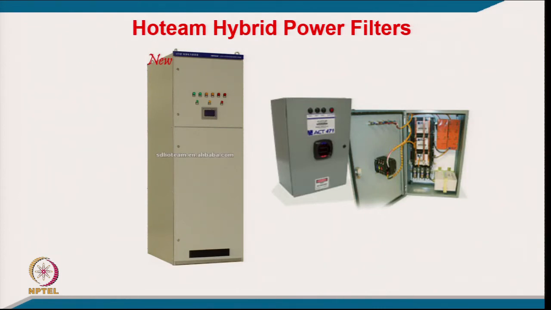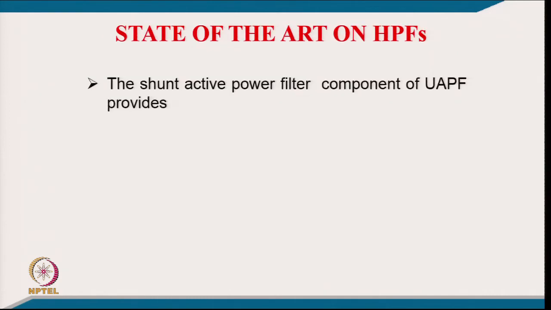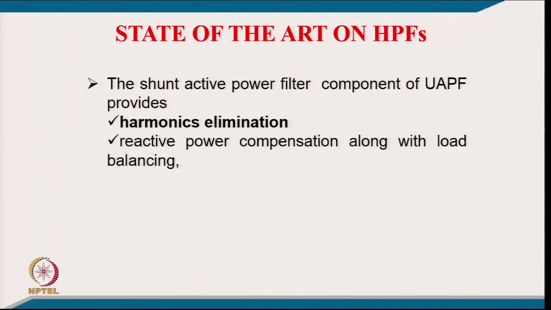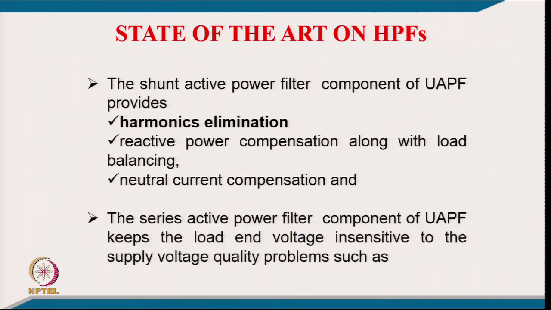These are typical photographs from the industry, of a hybrid power filter they are manufacturing. The shunt active power filter component of the universal active power filter provides harmonic current elimination, reactive power compensation, along with load balancing and neutral current compensation.